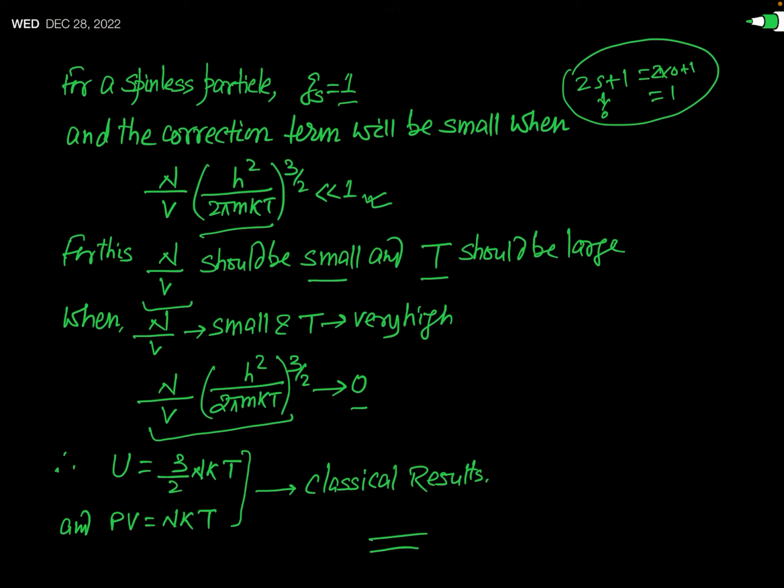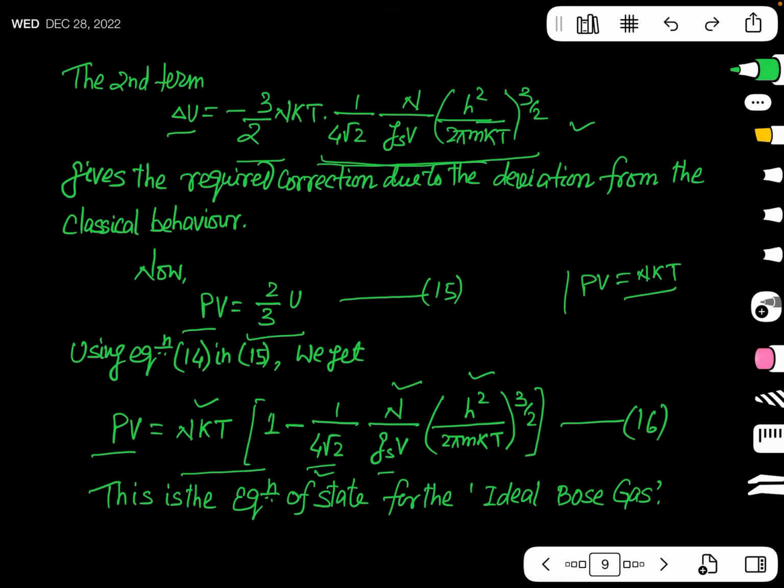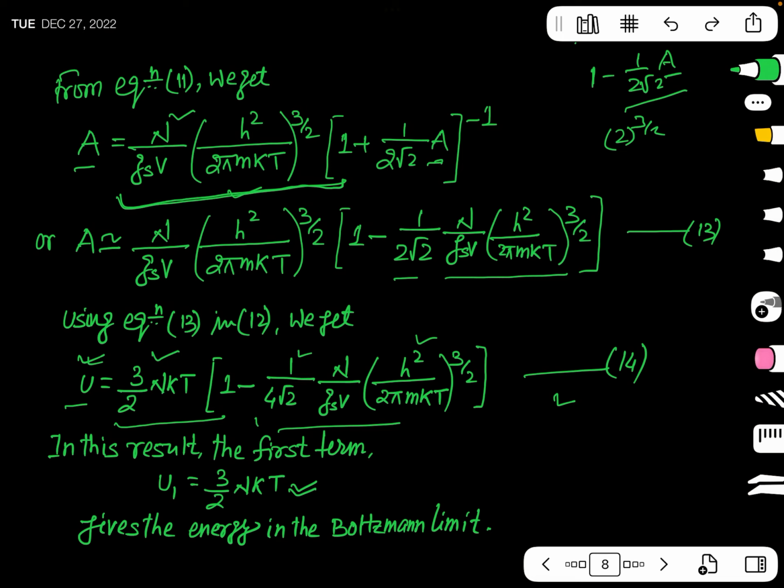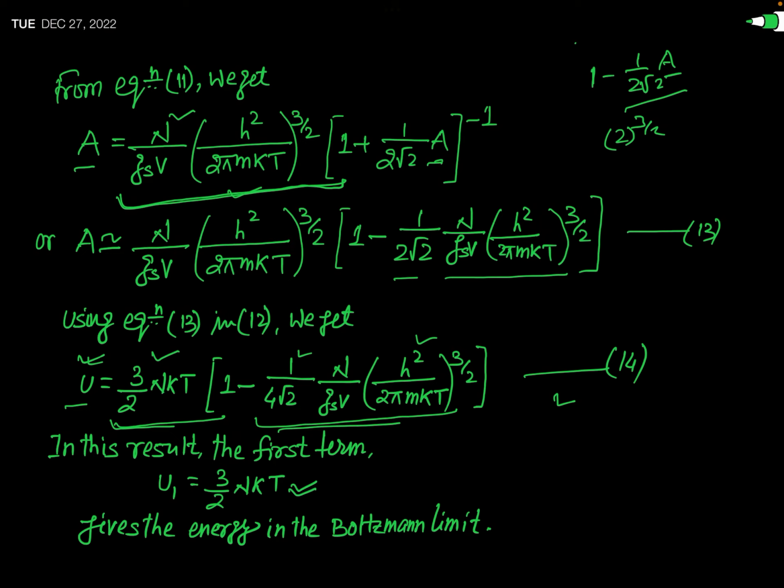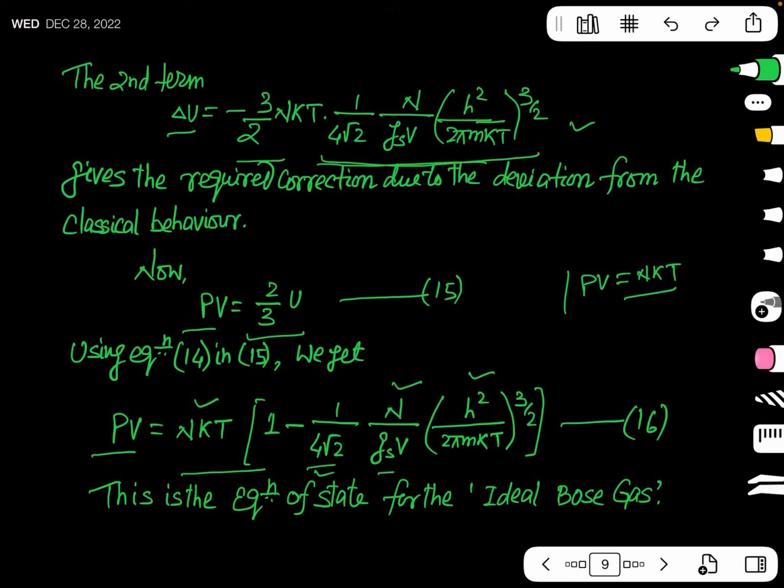And in that condition, the expression for energy of a Bose gas, you can see from here: when you take this second term almost 0, then U will be only equal to 3 by 2 nkT.